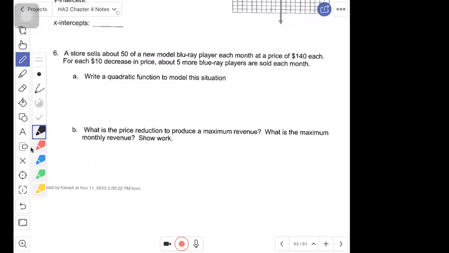And this is the same thing that we've been doing. We're going to do the price times how many Blu-ray players. So this is our price function. Here's what's happening to how many we're selling.